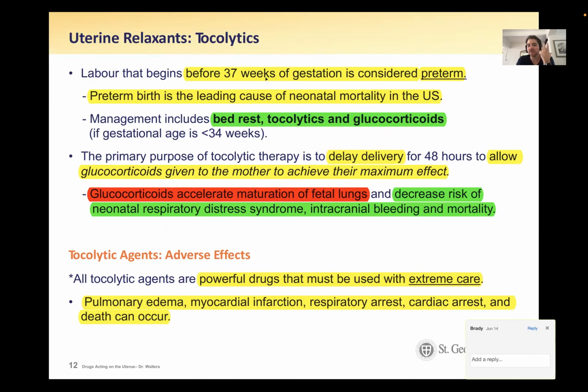Tocolytics are used to stop contractions. Before 37 weeks, preterm, you don't want contractions. So bed rest, tocolytics, and glucocorticoids can be given. If there is a risk and you need to deliver the baby prematurely, you can give glucocorticoids to the mother, and that will help with fetal surfactant production, so the baby isn't at risk of a respiratory problem, of ARDS.